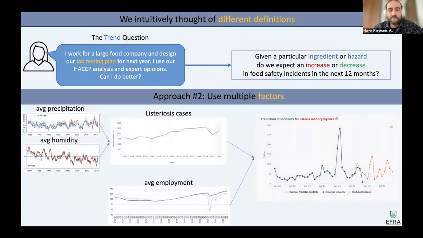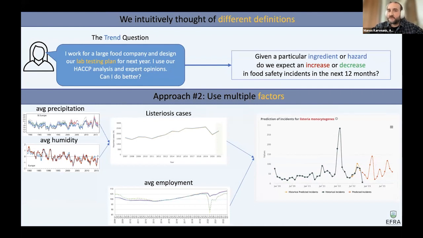So what plays a role? For example, the average precipitation or the average humidity and how it evolves through time for a particular place. This might affect cases of listeriosis. This is the disease you get from listeria.